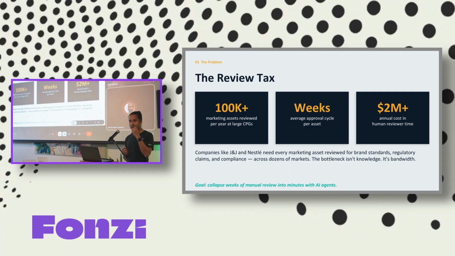And so we learned about this problem about 2 years ago through the marketplace that we had built before this. And we decided to go fix it. It sounded simple, but what we had to do was take brand rules, regulatory rules, and review them against marketing materials.